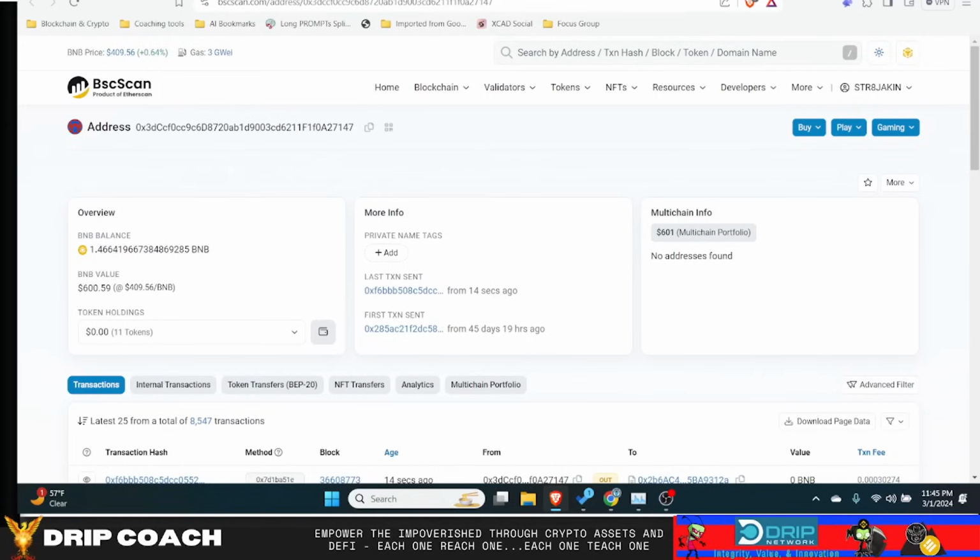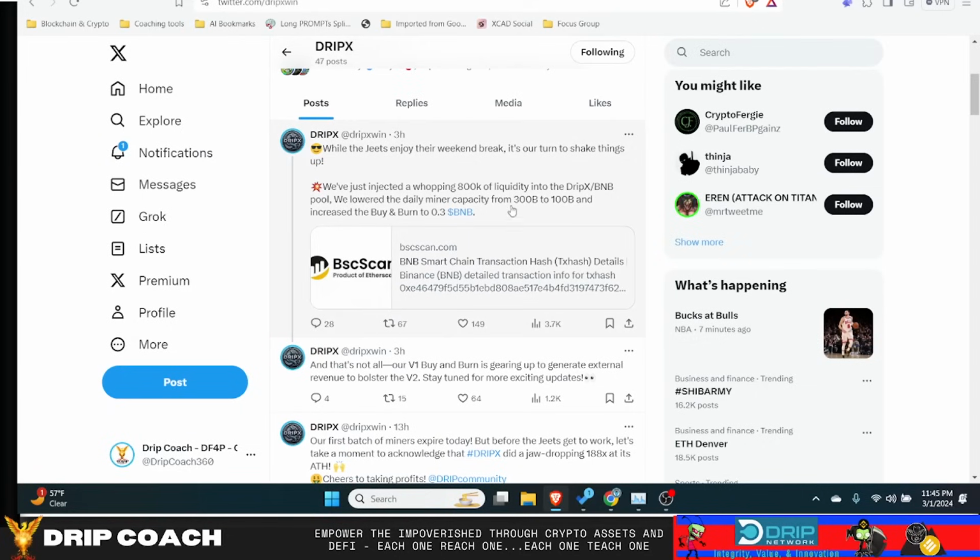So they have now increased the liquidity pool for DripX and wrapped BNB. So now there is another liquidity pool that will create another arbitrage opportunity for people to sell into. So as new miners come in, now there are different plays.